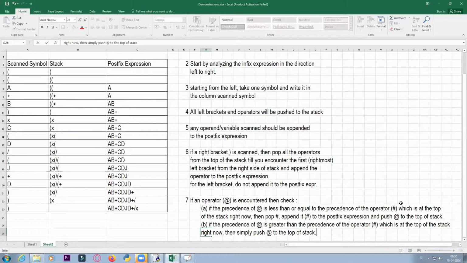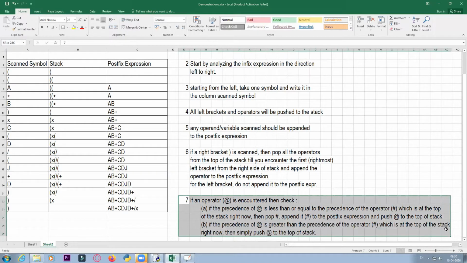So this is one very important rule which you have to keep in mind. We will see the application of this particular rule, that is the 7th rule, in our coming exercises. So please mark this as very important.